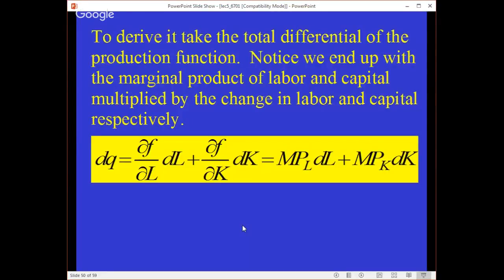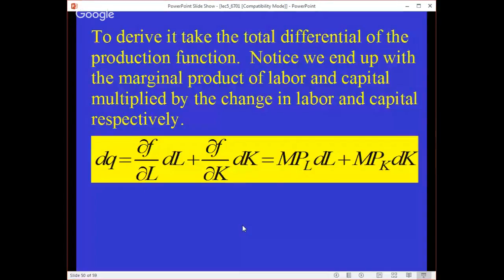So originally I'm going to have dq. I'm going to have the partial of my production function with respect to L times a change in L, dL, plus the partial of my production function with respect to capital times the change in capital, dK.